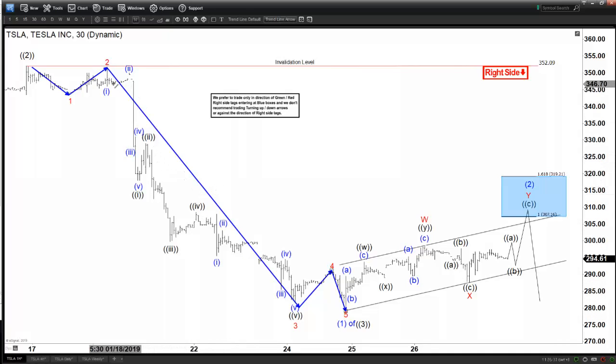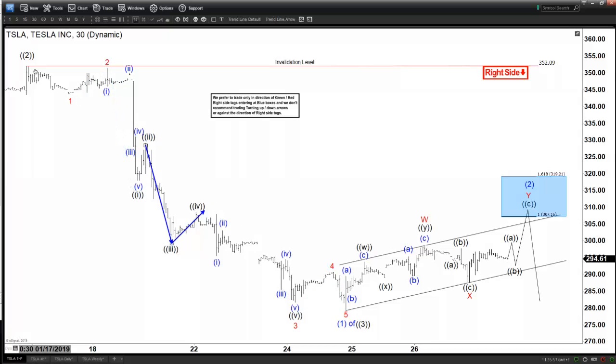You can see in the black here is also 1, 2, 3, 4, and then 5, and the subdivision of the 1 is also in 5 waves. The subdivision of 5 in the black is also in 5 waves. So this is a nice impulsive structure with all the subdivisions also unfolding in another 5 waves of a lower degree.